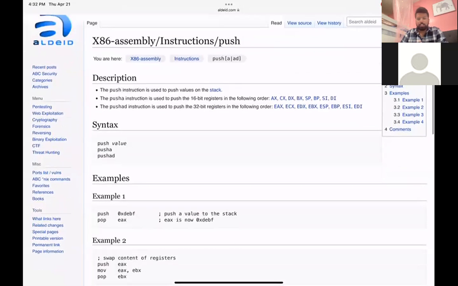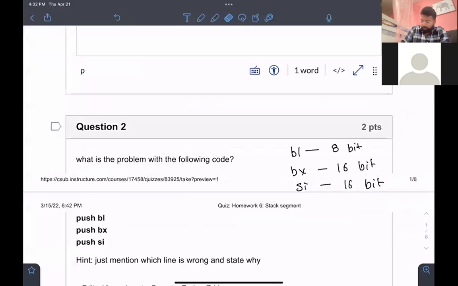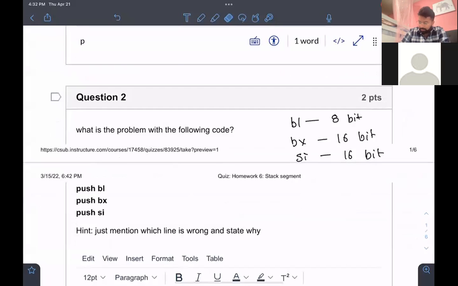A push instruction usually works for a 16-bit, 32-bit, or 64-bit register. So push will work on this register because it's 16-bit, and on this one because it's 16-bit, but push will not work properly on this register because it's only 8 bits, and push is trying to push 16 bits onto the stack.